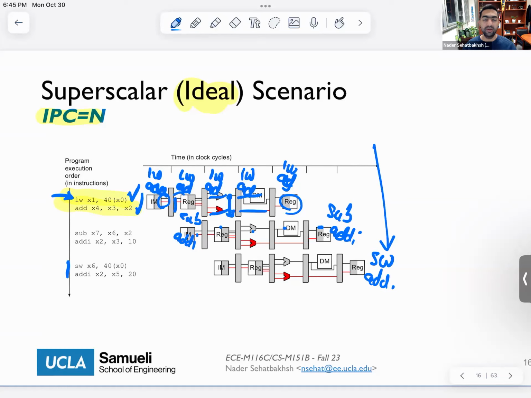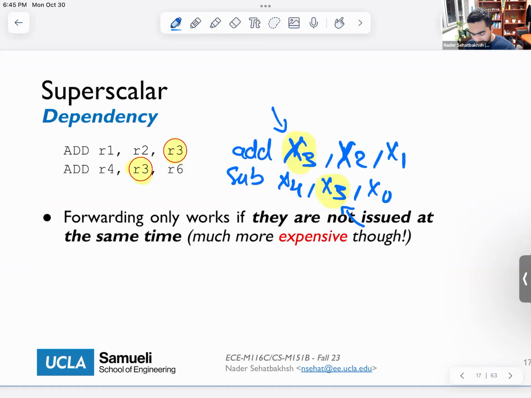So very complex things need to be done, and then checking would be even harder. So probably what you can do to fix this issue is maybe not read two instructions at the same time. If you cannot fill your two stages because of the dependency, you can just go back to the original one at a time.